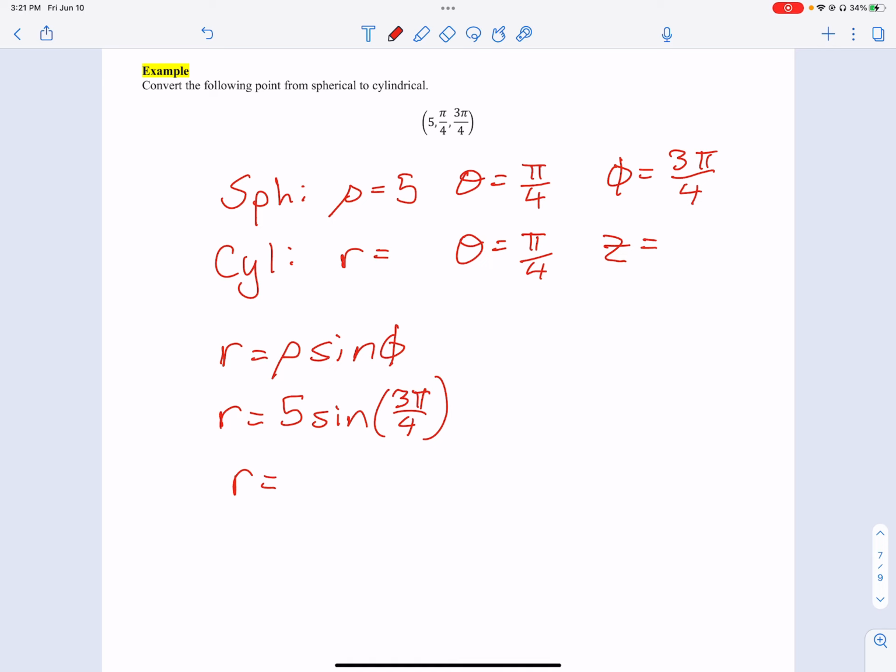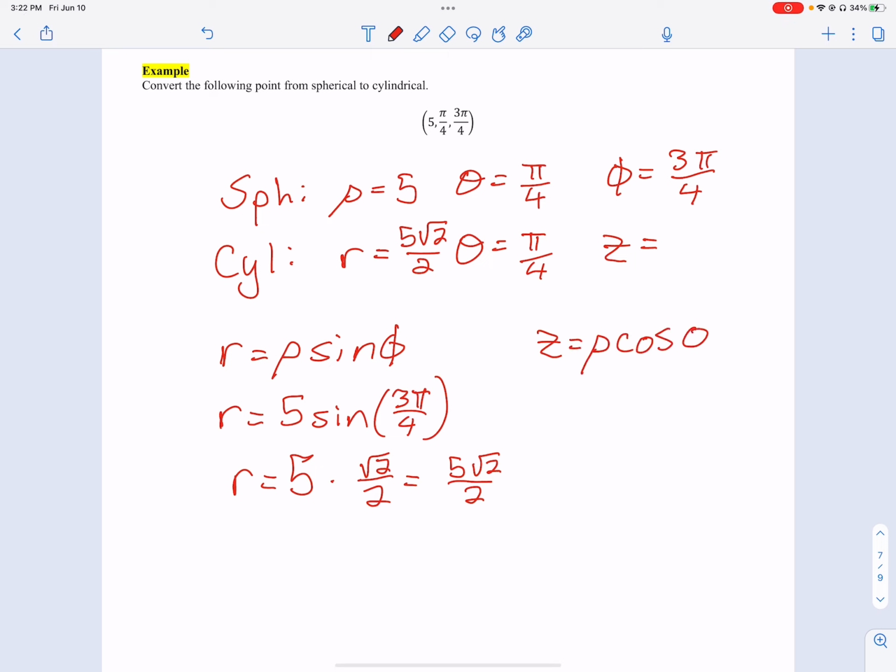Sine of 3 pi over 4, that's up, it's y, it's going to be positive, and we know all pi over 4s for sine and cosine are root 2 over 2, so that means this is 5 root 2 over 2 for r. So let's write that in here. And then we have one more thing, and they have a formula for that too. Good one to write down. So z equals 5 cosine, and then phi is 3 pi over 4, so we plug that in.